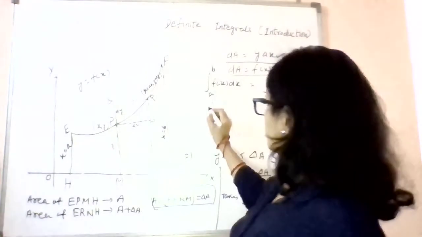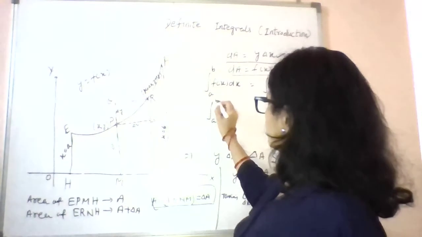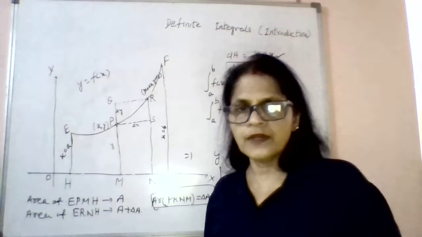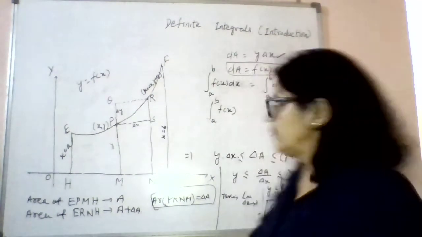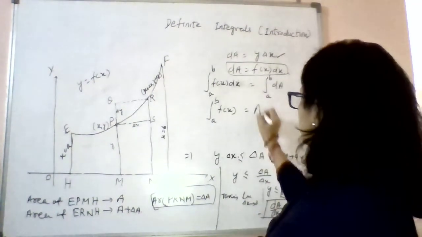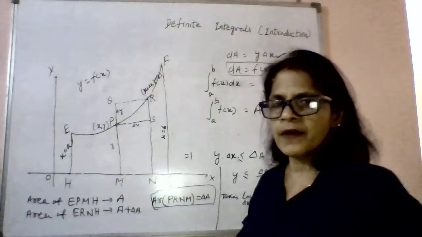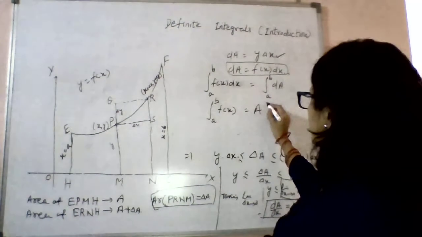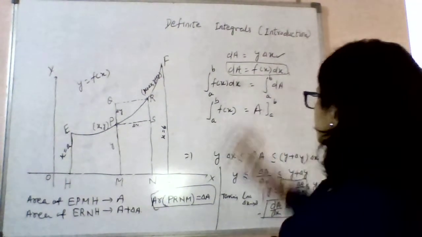This can be written as the integral of f(x) from lower limit a to upper limit b equal to the area of the region bounded by the curve. So it is the area function, the area from A to B.